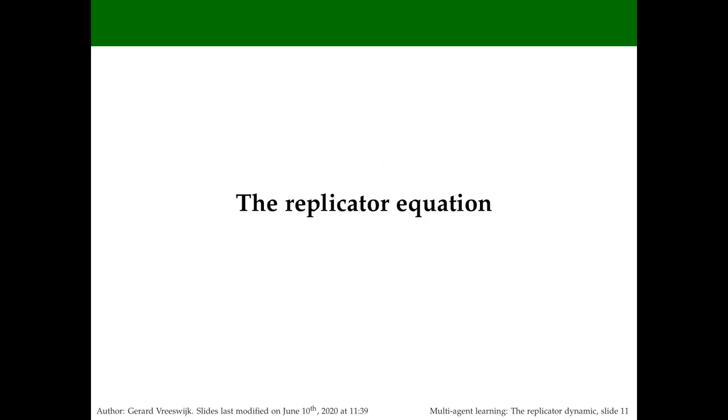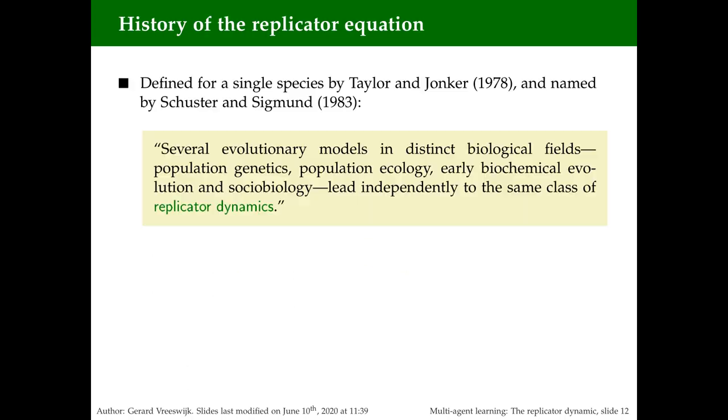So now on to the replicator equation. The replicator equation was first discussed by Taylor and Jonker in 1978, and got its name from Schuster and Sigmund in 1983. And this is the quote where it first appeared, just for the sake of history.